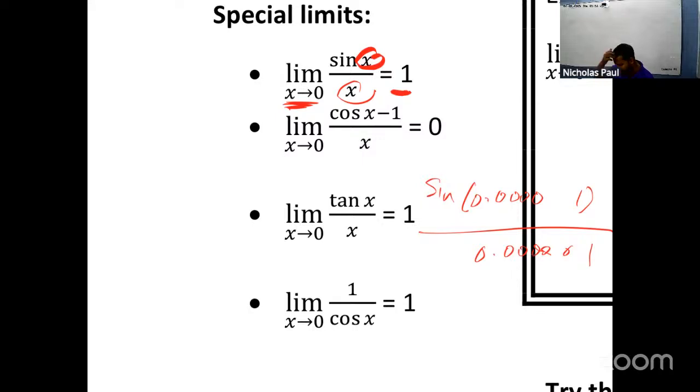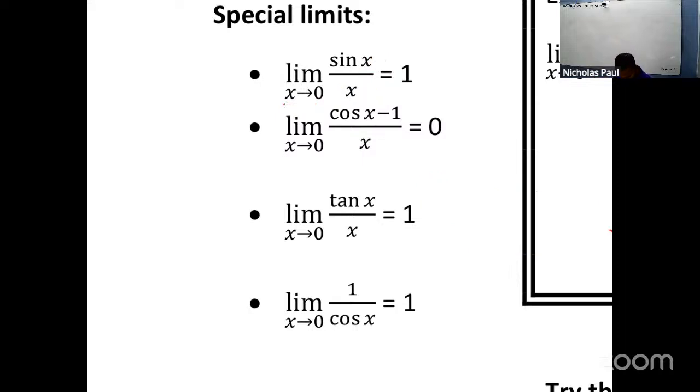Alright, anyway, take it as the value being close to 1. What it's saying is when x is small, x close to 0, that's what is happening.